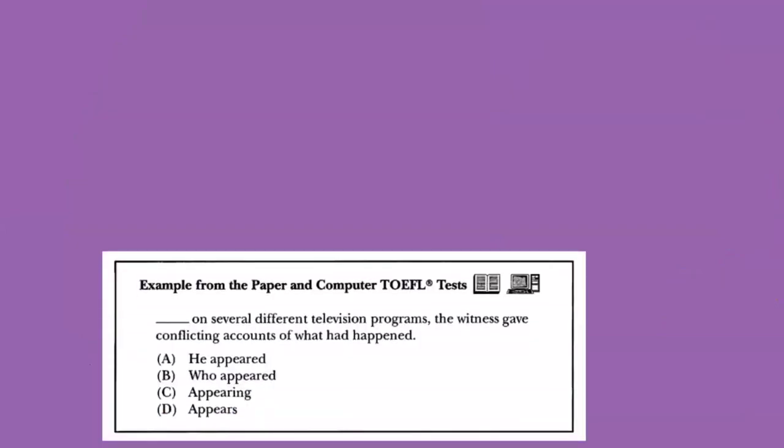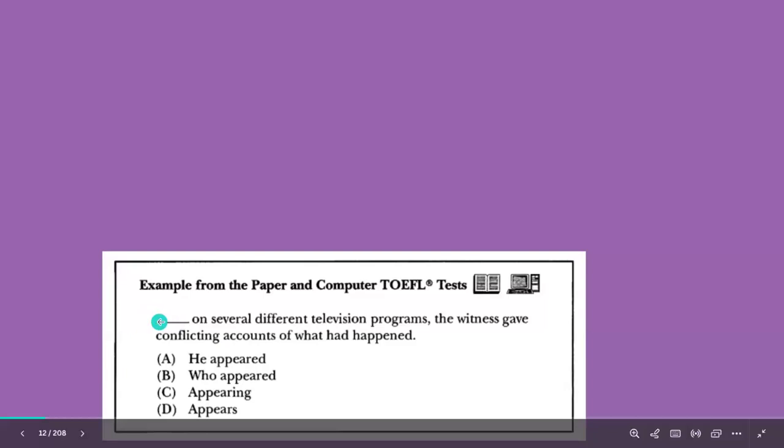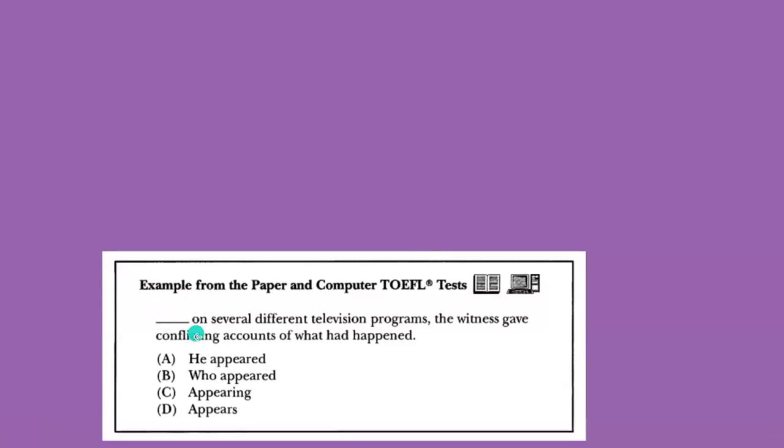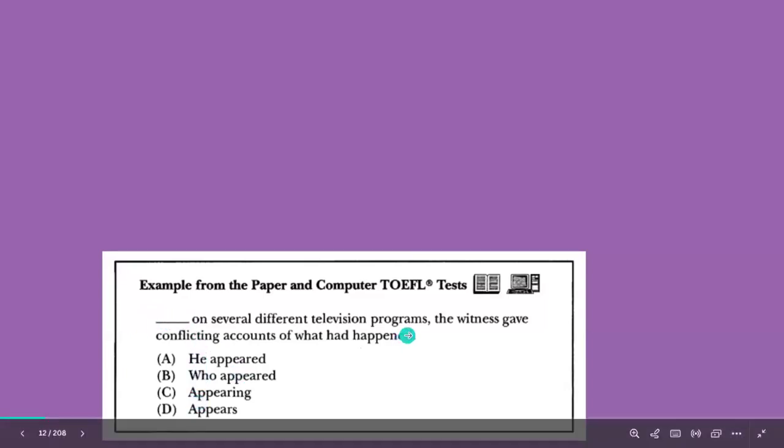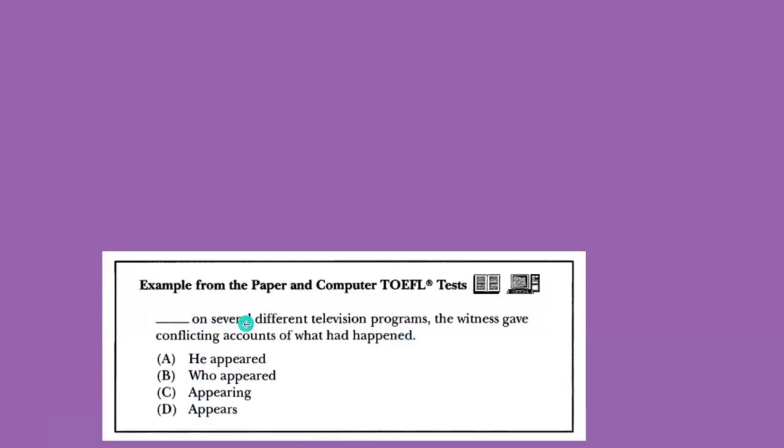This is an example of how a TOEFL test question would look. We're going to have typically a blank space and the options to complete the sentence. We have: blank, on several different television programs, the witness gave conflicting accounts of what had happened.